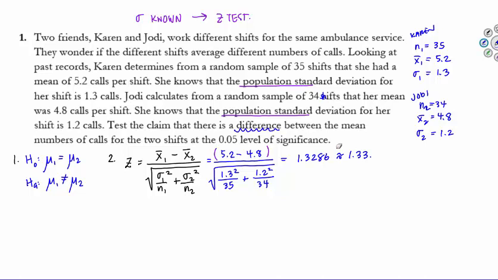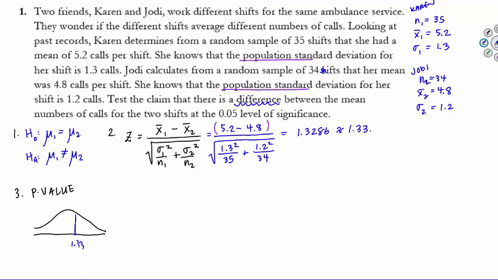To find the p-value of this, remember, approximately normally distributed, the z-score is 1.33. We are looking at the probability of being larger than 1.33 or smaller than negative 1.33, and that's because it's a two-tailed test.